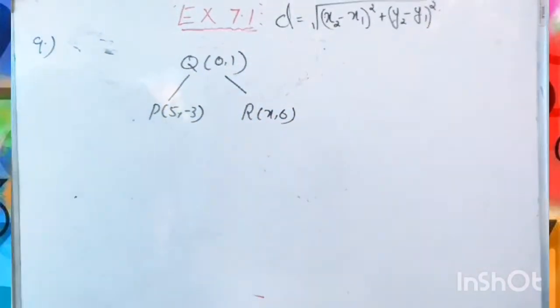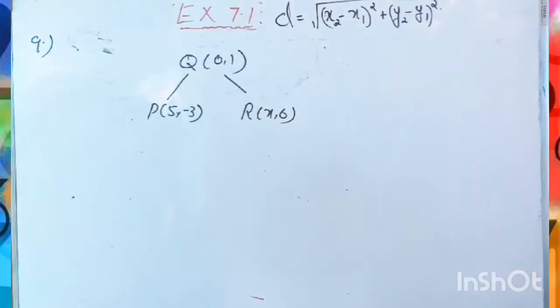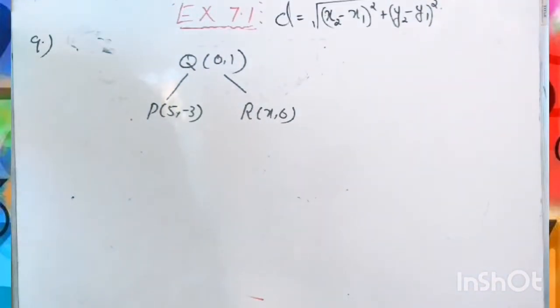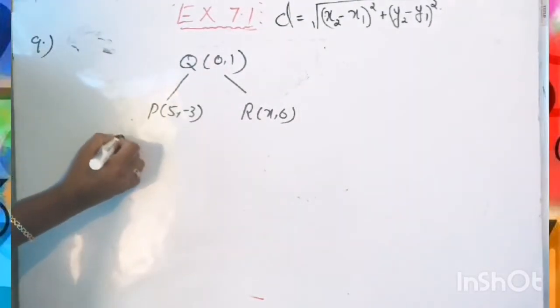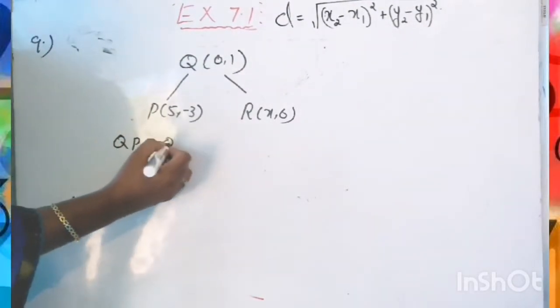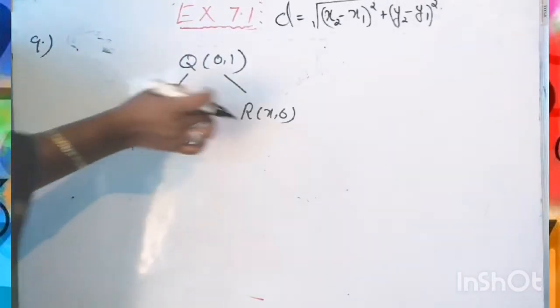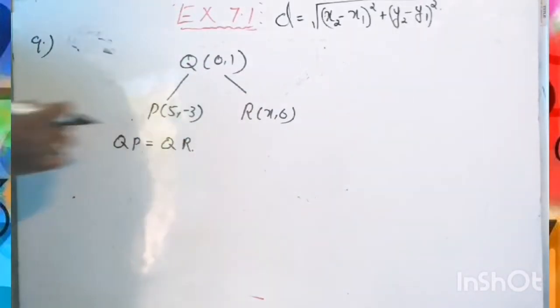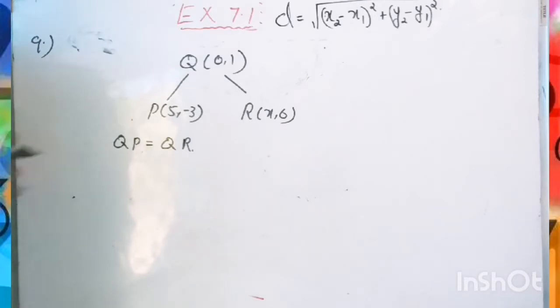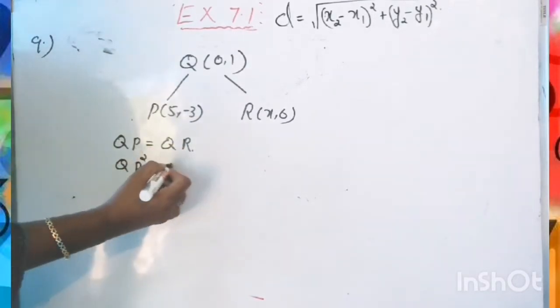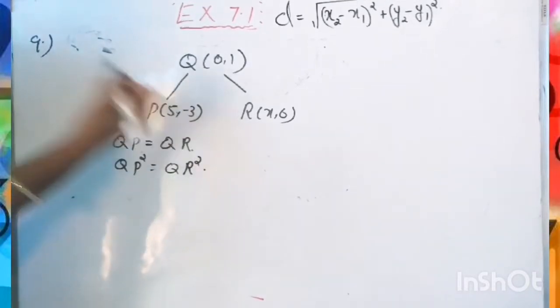Q is equidistant from P and R, so we will have QP equal to QR, right? Q is equidistant from P and R means QP equal to QR. We will take square on both sides. So QP square is equal to QR square.